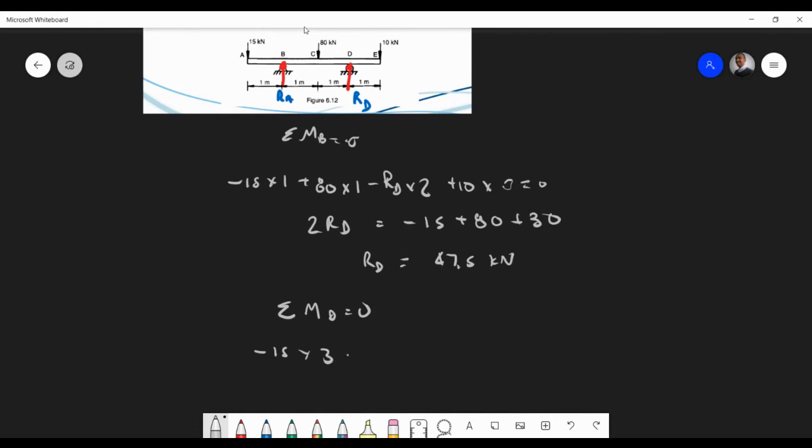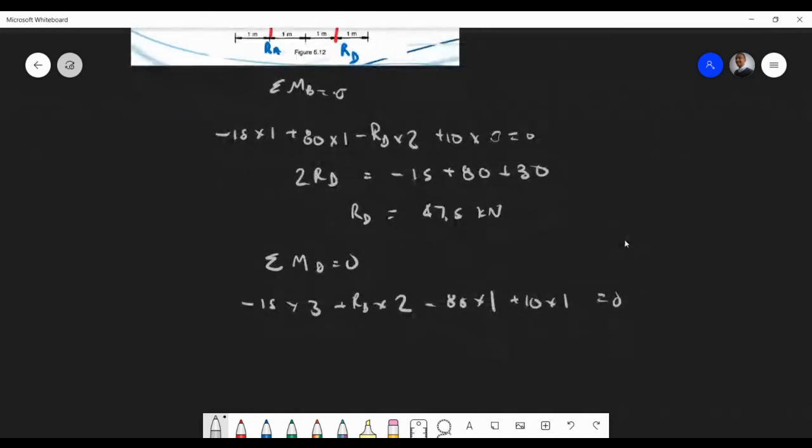Then that's clockwise, so we have RB times 2. Then that's also going anti-clockwise, that's minus 80 times 1. And then lastly, that's going clockwise, plus 10 times 1, right? That equals 0. We solve for RB, then we get 2RB equals 45. I'm carrying this over to the other side, plus 80 minus 10.